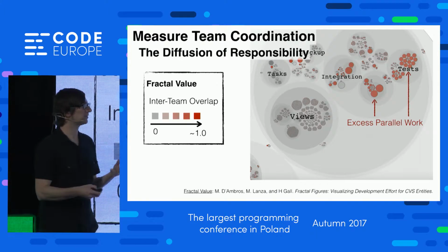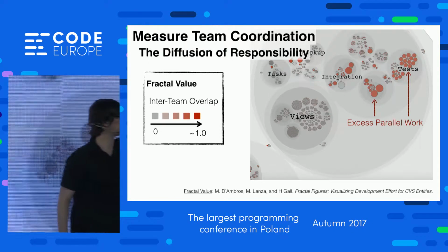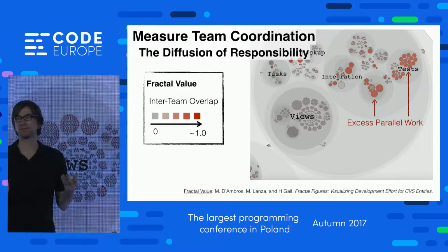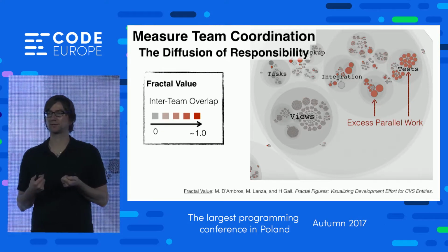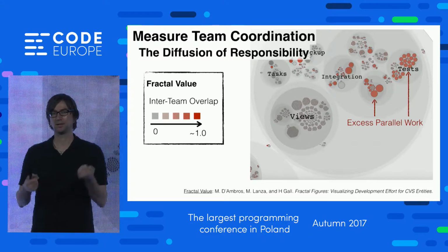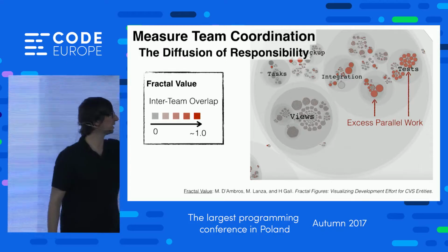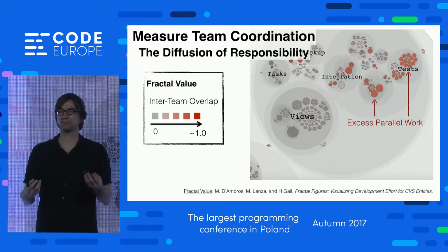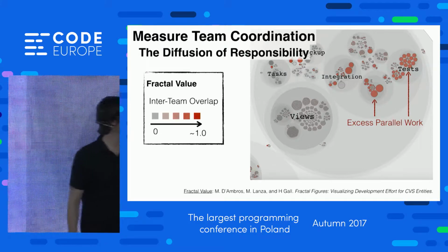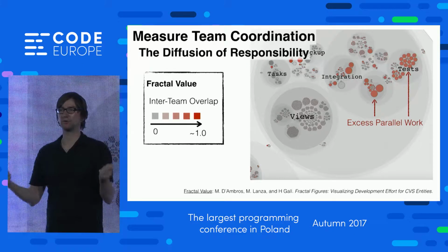Now, the problem is that once you have identified parts of the code like this, where multiple teams have to work together all the time, the bad news is that there's no easy solution for this. There's no quick fix. The things I've seen work in practice is that, first of all, you need to look at code like this from a technical perspective, because the main reason that the code attracts many different teams is because it has many reasons to do so.